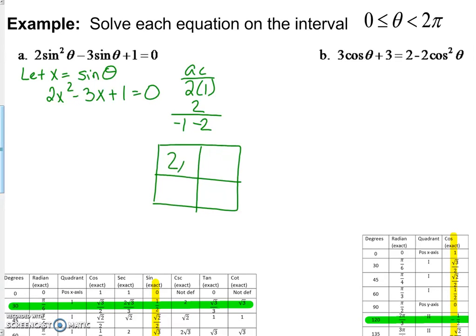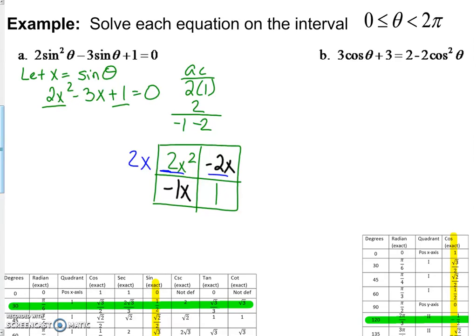So with the box method, we have our first term in the first box, our last term in the last box, and then what we're replacing goes in the middle too. So negative 1x and negative 2x, and it doesn't matter which one you put where. Then we're looking for a GCF. So the top row, both of these have a positive 2 and an x. Because this first number here is a positive, I'm always going to take out a positive.